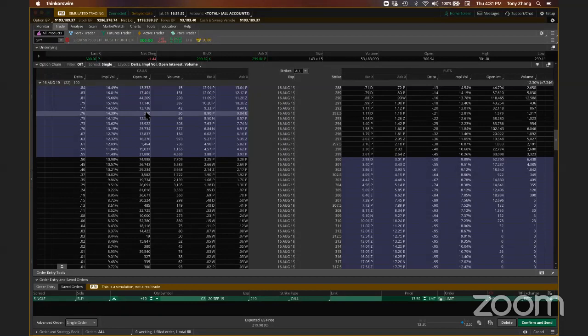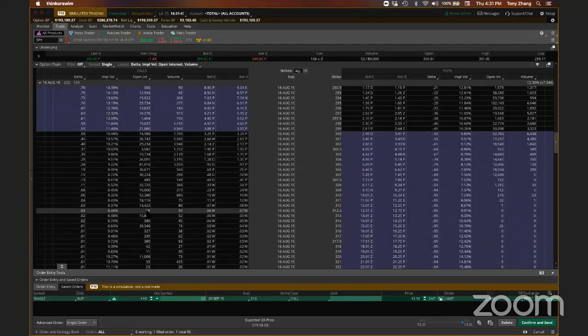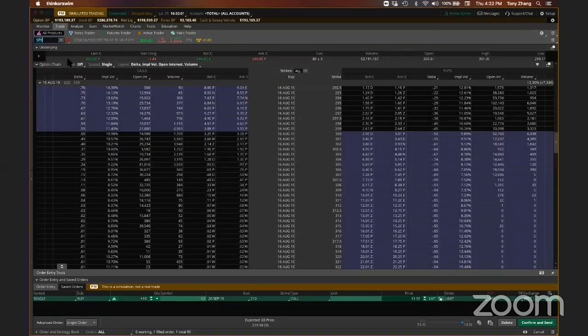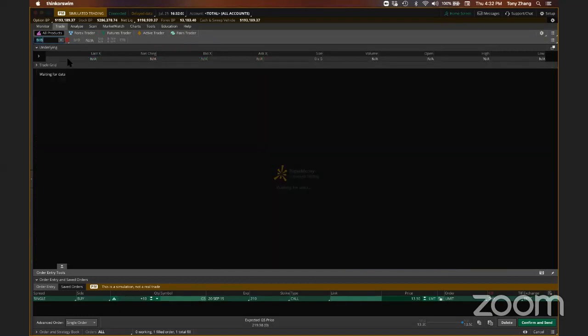So just for some reason, people don't like to trade that 292.5, but it's not any less liquid than the 292s. So keep in mind that open interest is not by any means an indication of liquidity. This 312.5 only has 19 contracts traded on it, just because people like to trade round numbers. It's not any less liquid than anything else. So keep that in mind when you're trading these options: open interest and volume is not always indicative of liquidity.